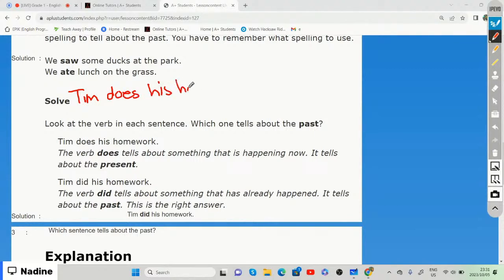"Does his homework" or... so "Tim does his homework," or we can say "Tim did his homework." We need to say which of these two sentences is in the past. Tim does his homework. Tim did his homework.